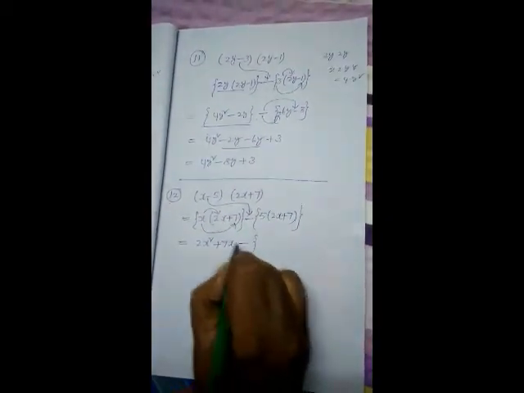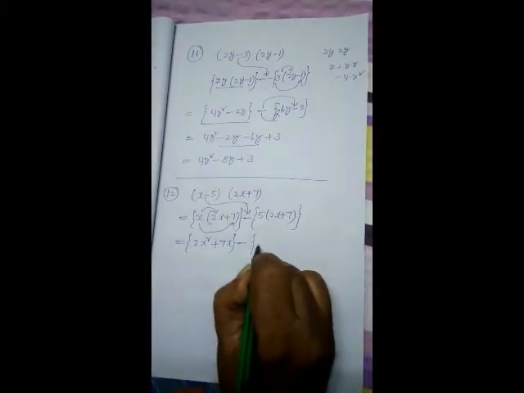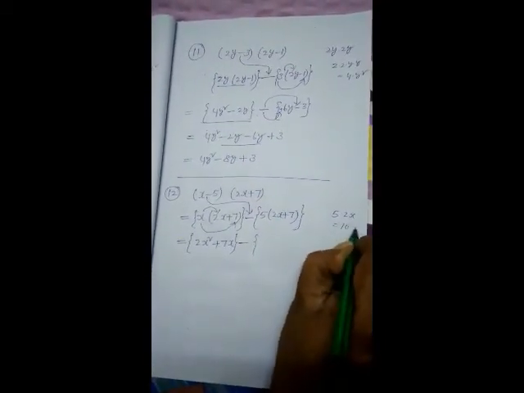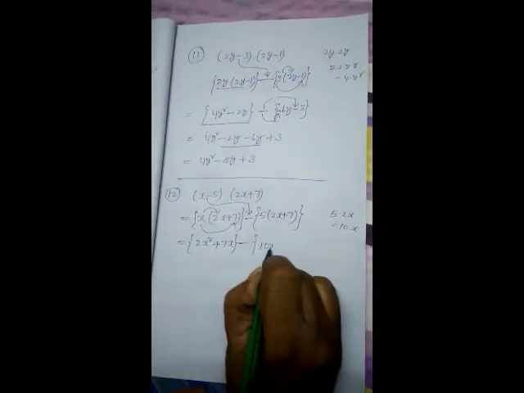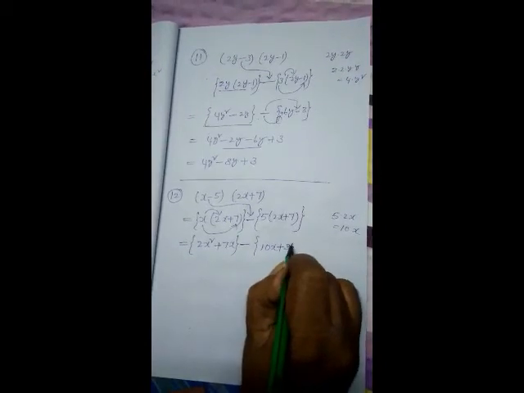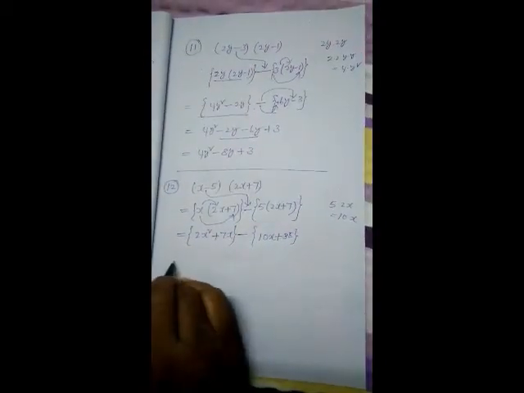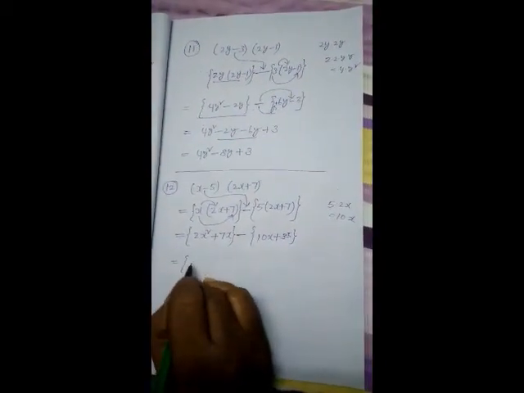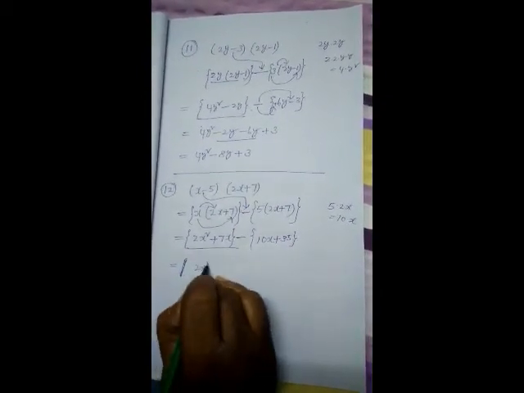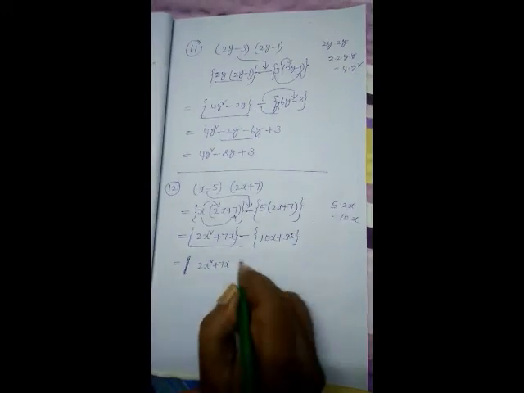Minus 5 into 2x. 5 into 2x is nothing but 10x. 10x plus 5 7s are 35, is equal to, yes, you can break the brackets, as it is 2x square plus 7x. This is plus 10x.